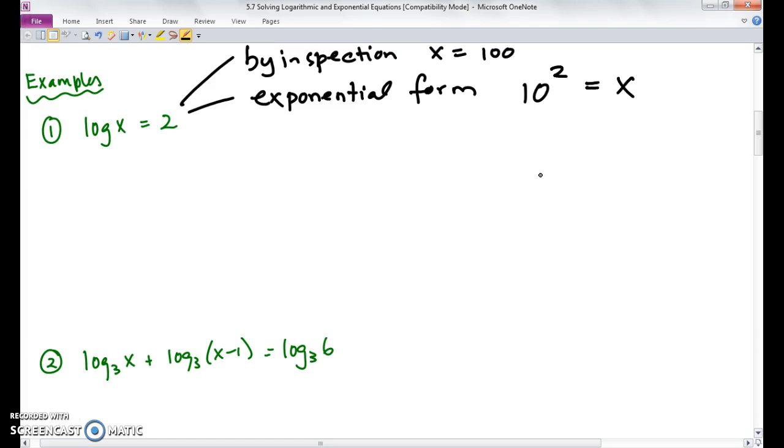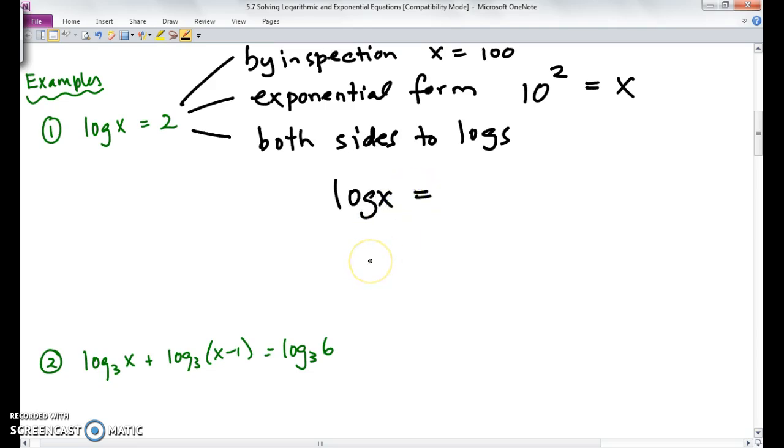The other way to do it, which doesn't make much sense in this particular question, and I'll show you why in a minute, is to change both sides to logarithms. Because we'll have log x, and if we want to change 2 into a log, as Curtis said before, it's log 100, because log 100 equals 2.